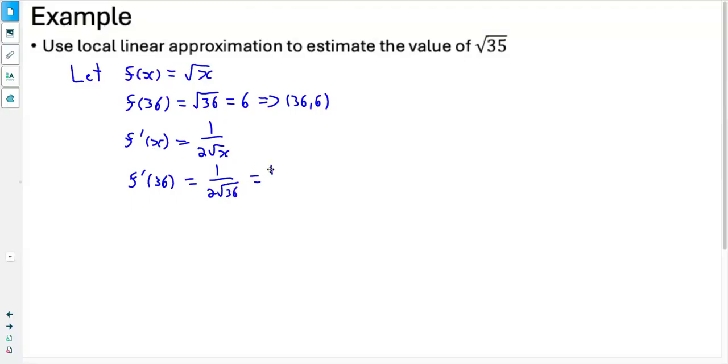So that gives us 1 over 12. We'll then utilize this in the formula f of x is approximately equal to f of a plus f prime of a times x minus a.